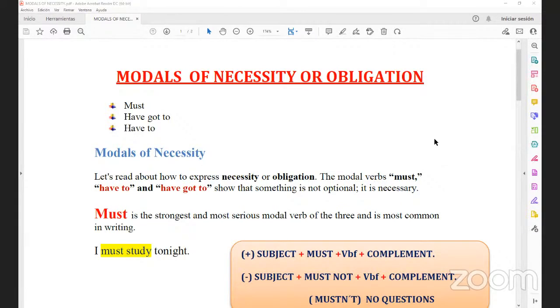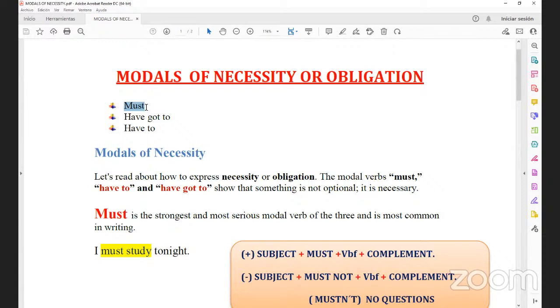When we talk about necessity, we are talking about these 3 auxiliaries: must, have got to, and have to. The first one that we have is must. We're going to say that this is really strong. It has like 100% of strongness.